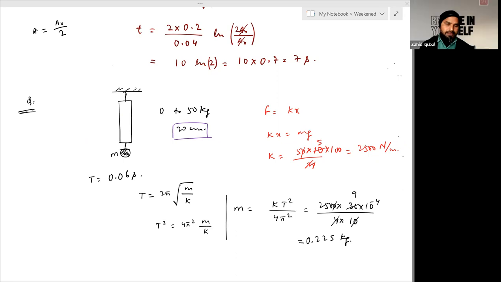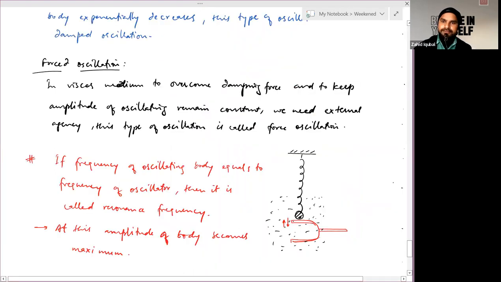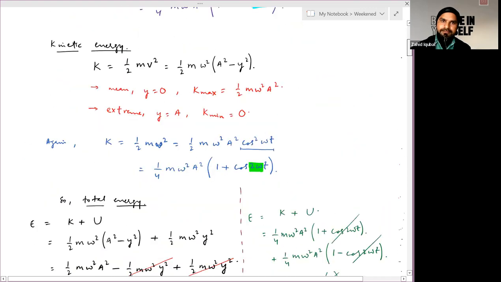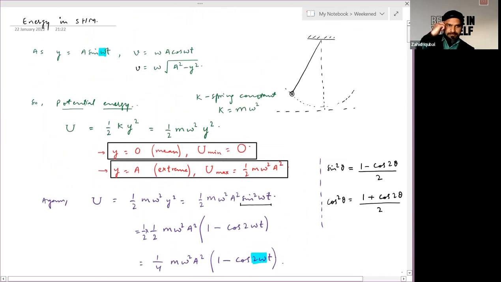There was another question related to this chapter: find the total energy of a particle executing simple harmonic motion and show graphically the variation of potential energy and kinetic energy with time. I defined it for you in SHM. This is potential energy.